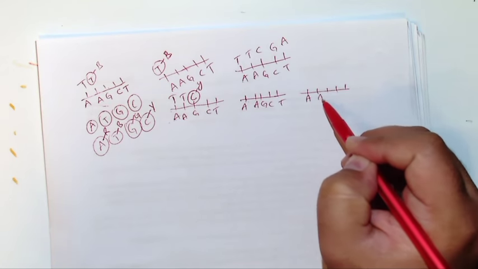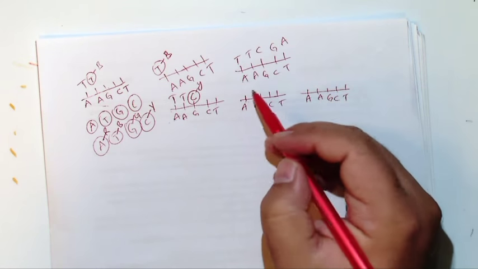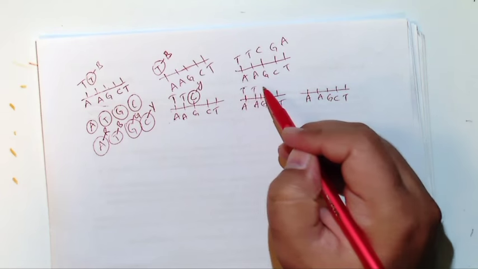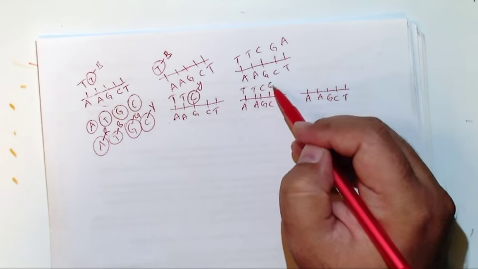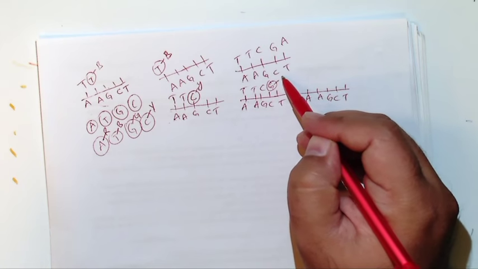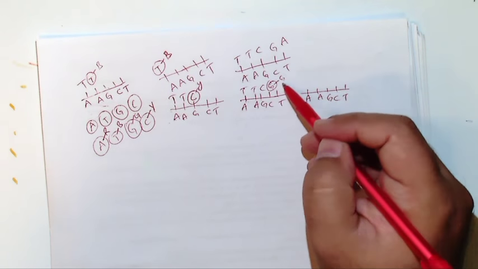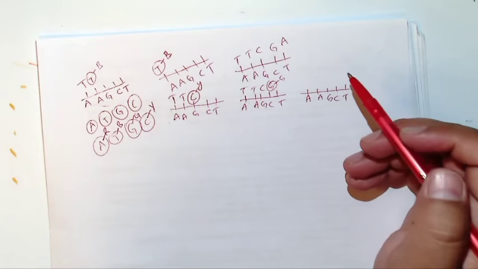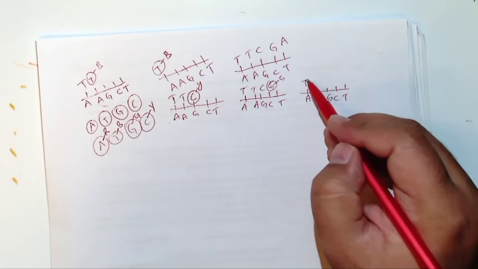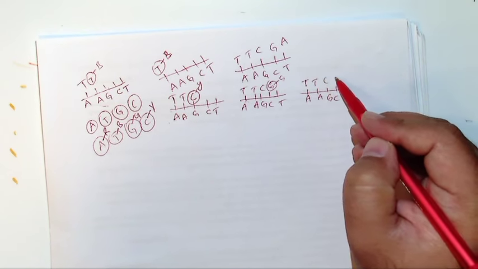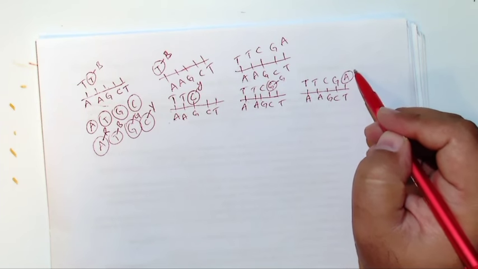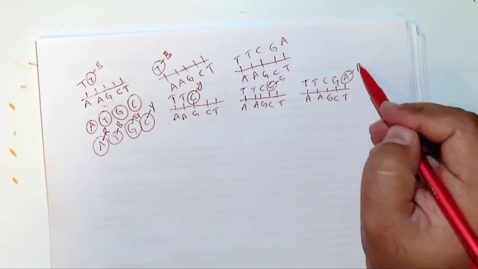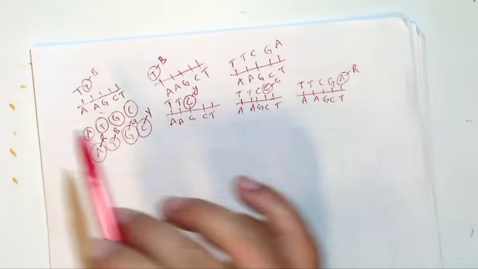Now we have a T, T, C and then G, so this will be G with the green. It will stop there. Then we have T, T, C, G, and this one would be A with the red. So these are 1, 2, 3, 4, 5, 6.